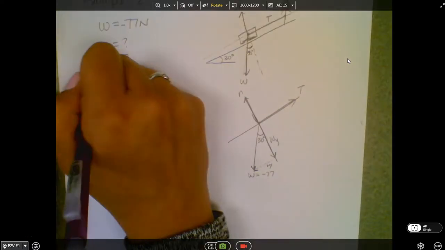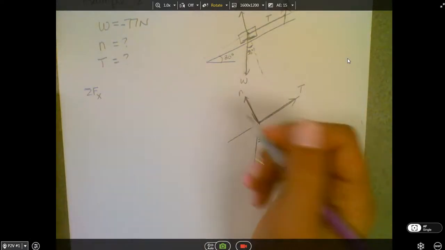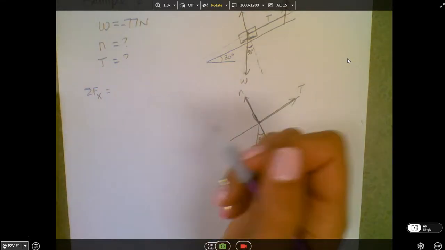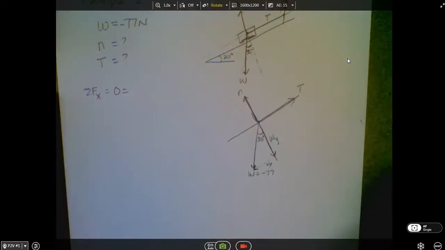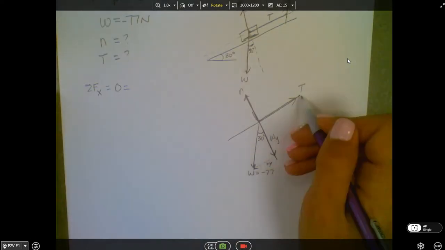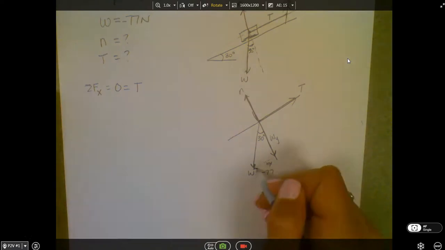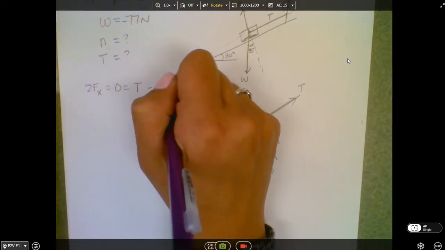So the net force in the x, and this little sum sign means net force, we know it's going to be 0, because it's not accelerating. Now let's find all the forces in the x. If we make up the hill positive, because it looks like it's to the right, then we'll say T is positive, and then we have Wx going negative.